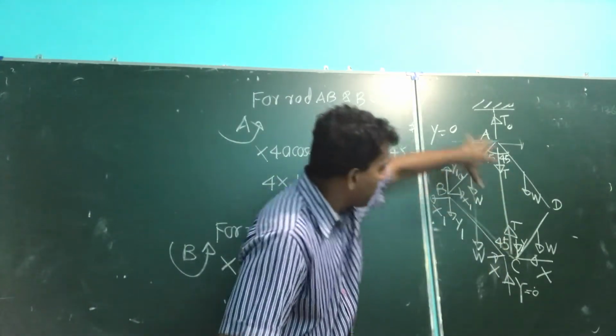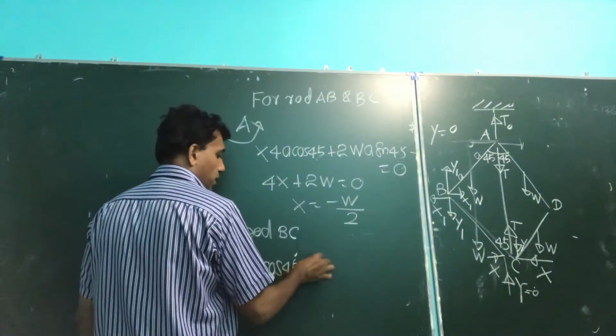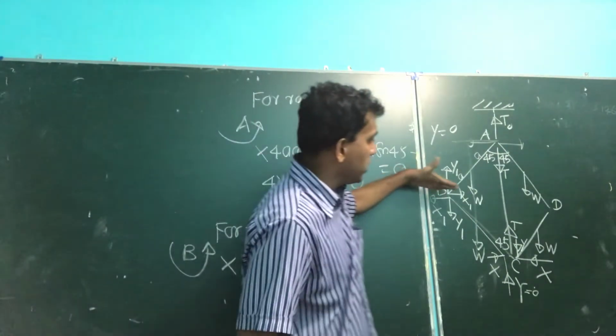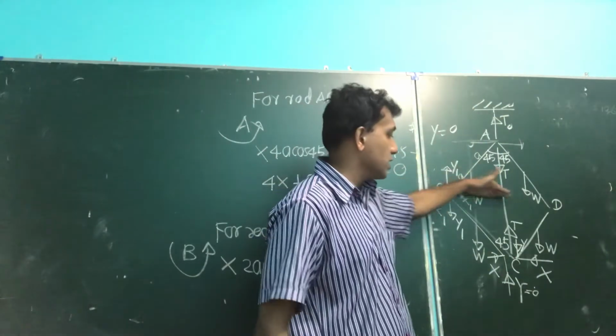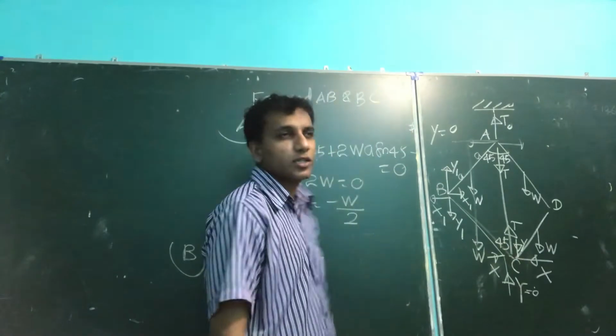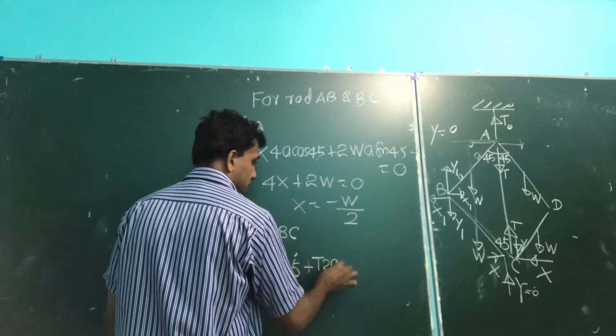T also the same, plus T into the distance from the line of action, the vertical line. What is that distance? 2a sin 45.